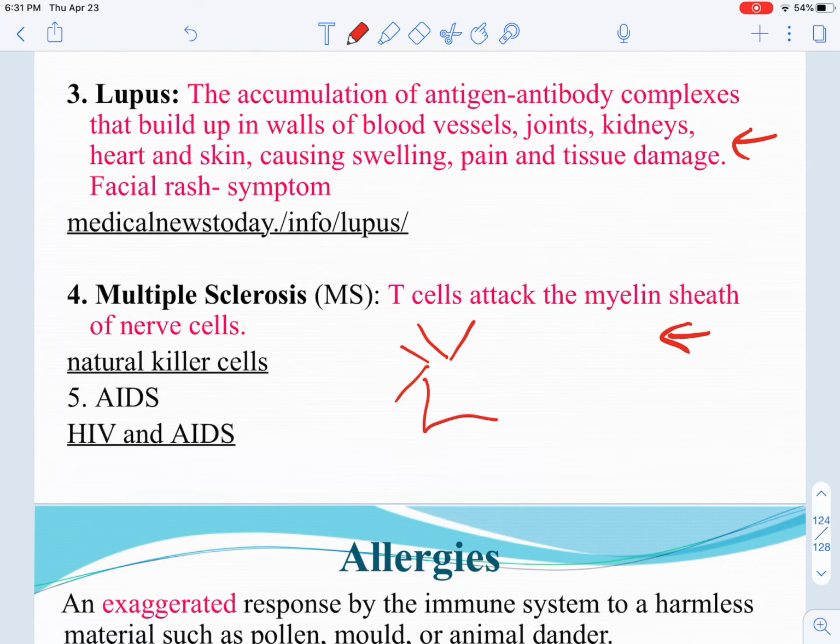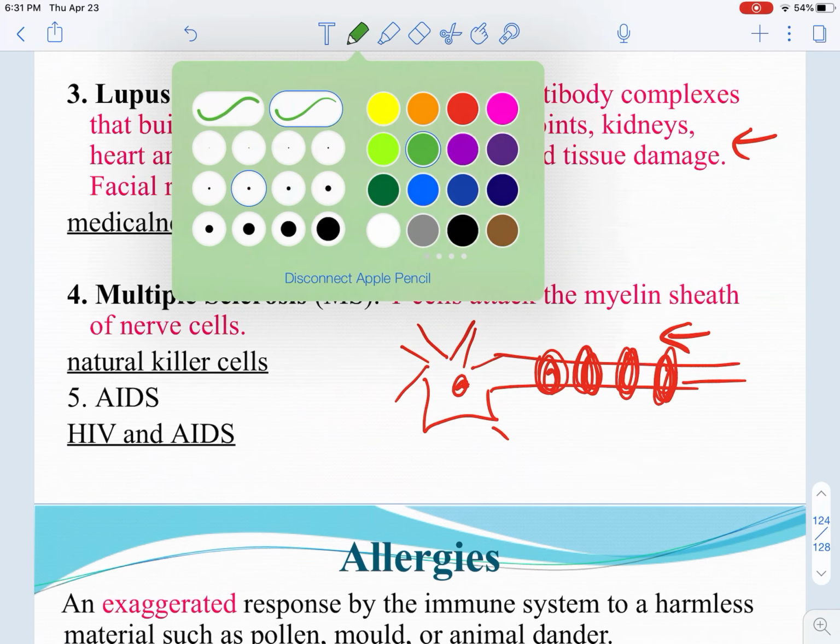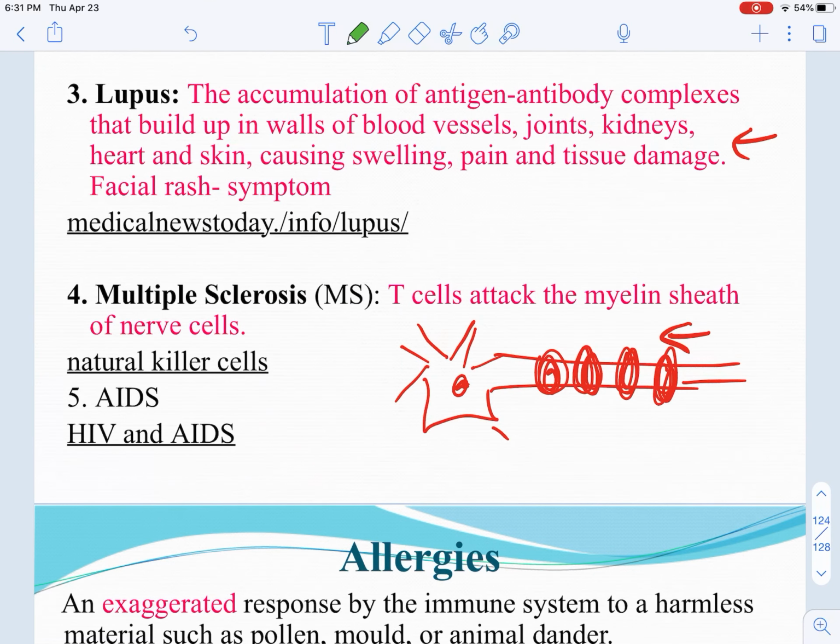And again, your immune system is attacking the coating around neurons. So you guys have nerve cells, some of your nerve cells have this myelin sheath, the fatty material around the neurons, and that is helping the speed of nerve transmission so that the impulses go quicker.